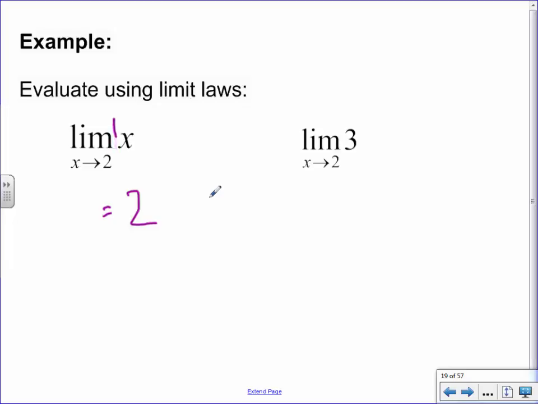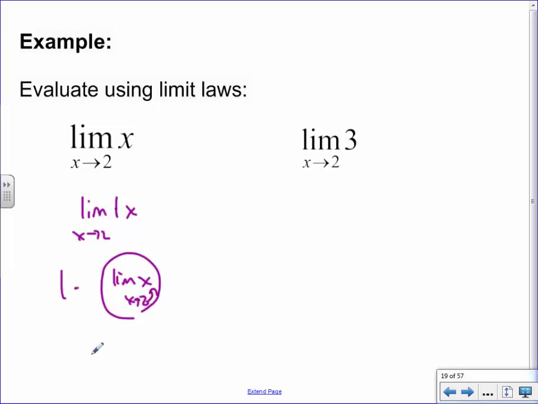To prove that other limit rules work, you could do the limit of 1 times x as x approaches 2. That's 1 times the limit of x as x approaches 2. All of this just means plug in 2 for x, because you can. So 1 times 2, at the end of the day it's still 2.